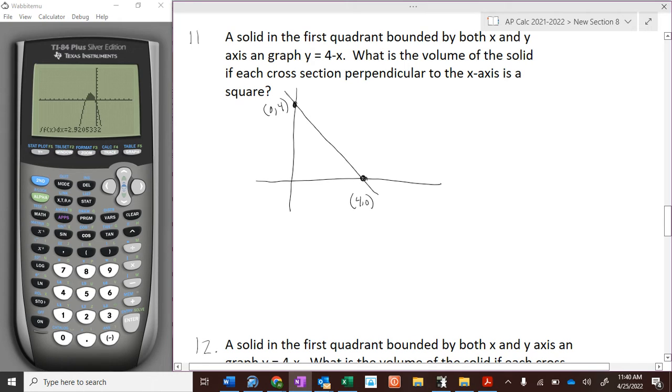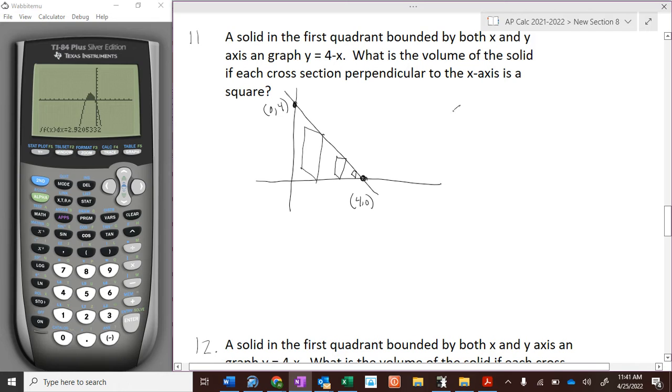And you're perpendicular to the x-axis. So you've got a square that looks like this, and a smaller square, and an itty-bitty square like that. So how do you find this? You work from here to here.